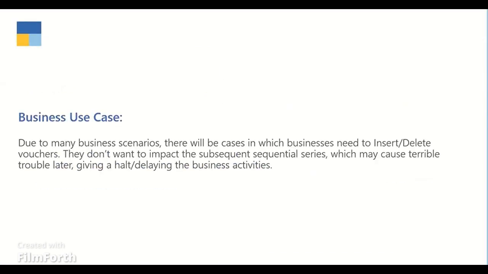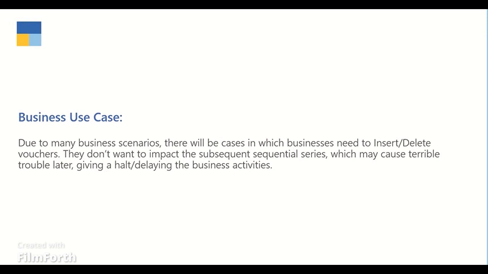Let's take the next business use case. Due to many business scenarios, there will be cases in which a business needs to insert or delete vouchers. They don't want to impact the subsequent sequential series, which may cause terrible trouble later, right?